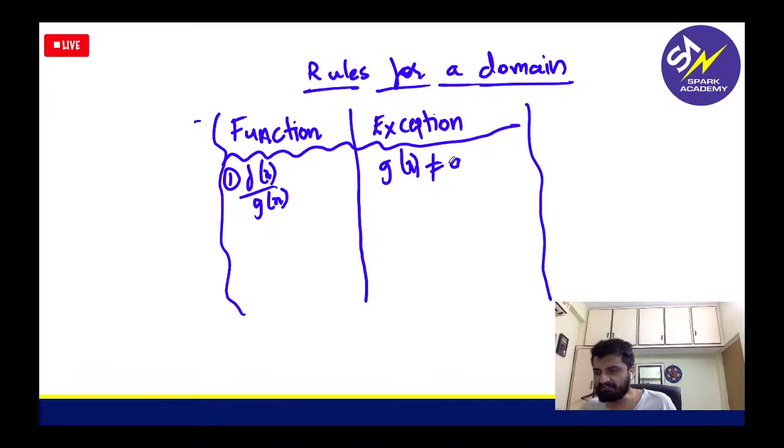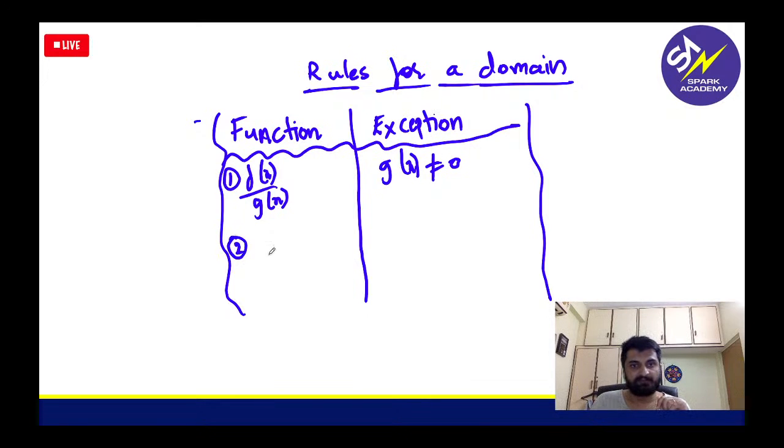Correct, everyone? Yeah. What happens when denominator is 0? You will end up getting infinity. So denominator is not at all possible to become 0. So that is the exception. Right? Everyone, you know this, right? So whenever you have a numerator and denominator, denominator should never be 0. That is point number 1.